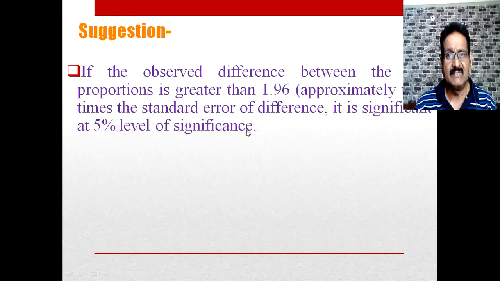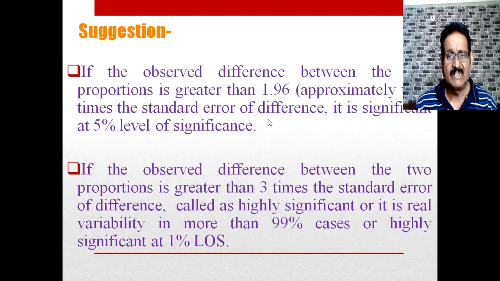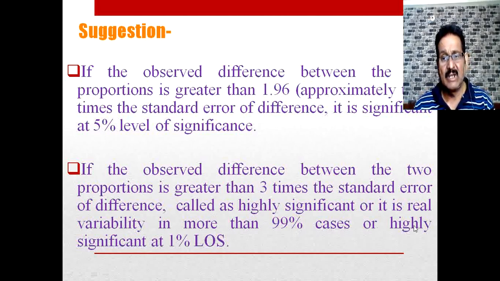But one more condition: when the difference between the two proportions is greater than 3 times the standard error of difference, it is called highly significant, or a real variability in more than 99% of cases, or highly significant at the 1% LOS, that indicates level of significance.